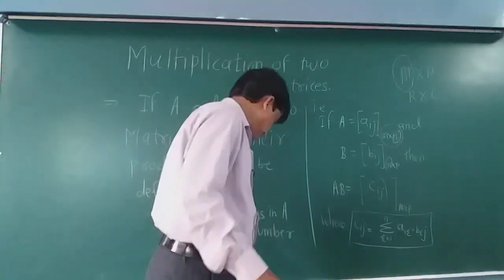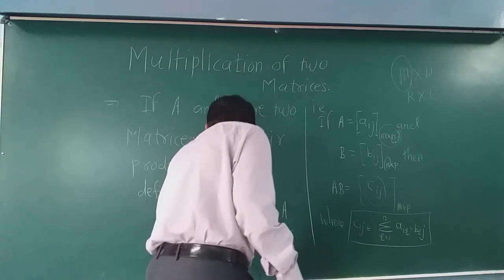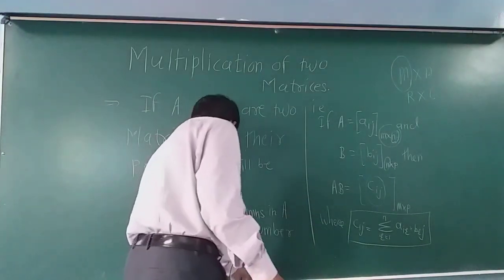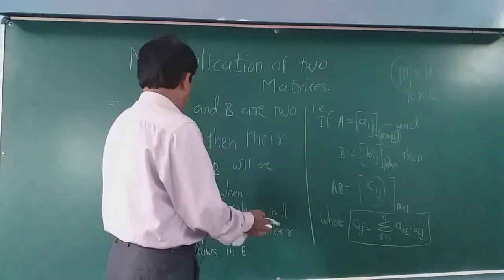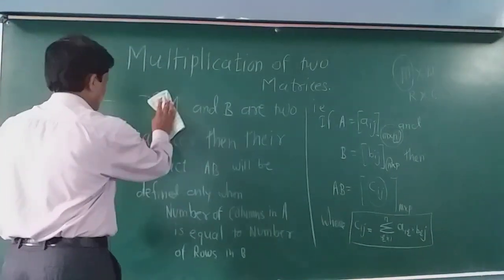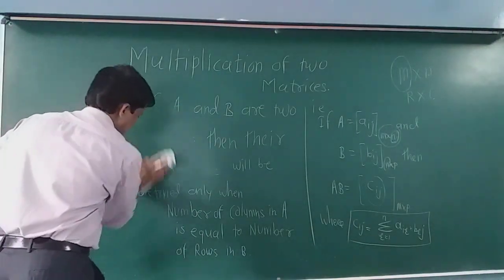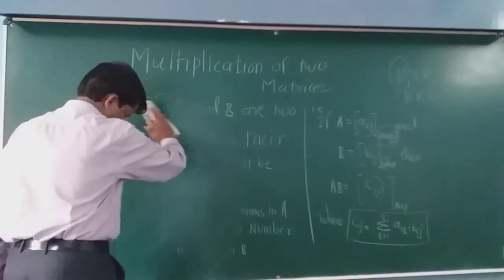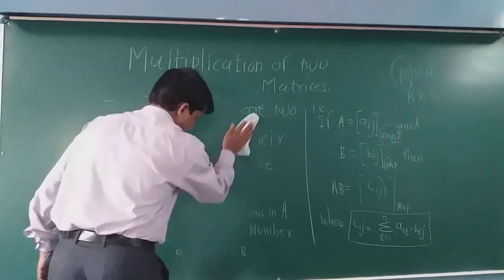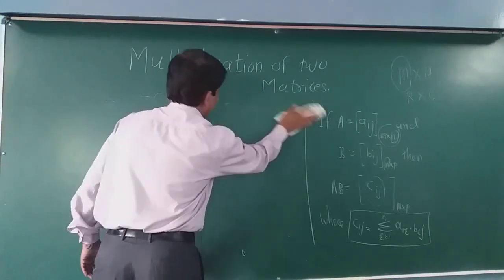For multiplication, what is the main condition?